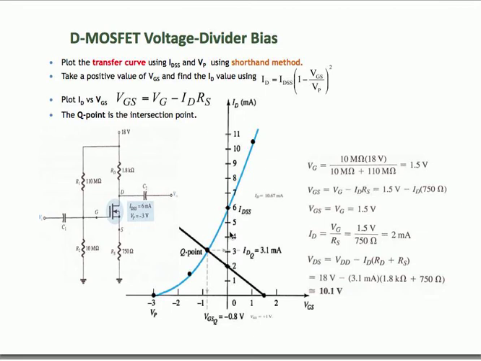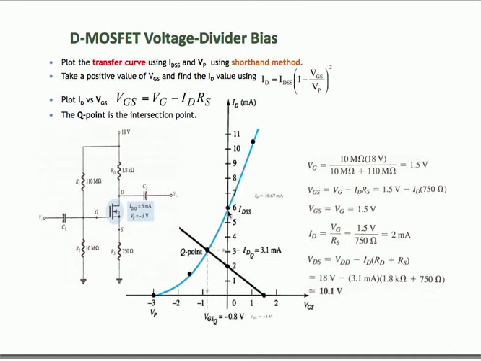So you apply the same steps which you have learned before. The first step is that you plot the transfer curve of drain current versus VGS using the shorthand method, and this gives you this blue curve in the region where your VGS is negative. Your applied gate bias is negative. But you also know that the D-MOSFET can be operated with a positive gate bias.